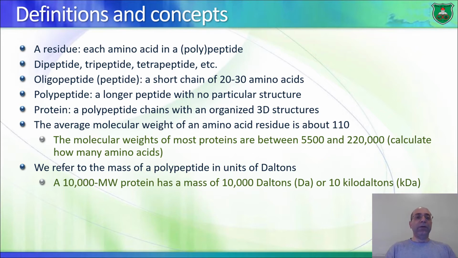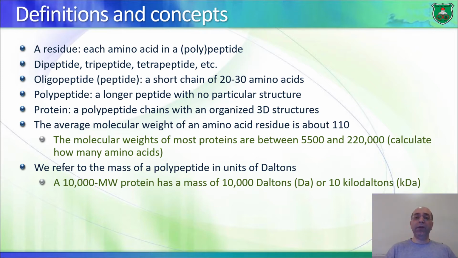If I say polypeptide, it's larger, more than 30, let's say. So it's all relative. There's no certain line that divides an oligopeptide from a polypeptide. A polypeptide is basically a larger stretch of amino acids connected to each other.